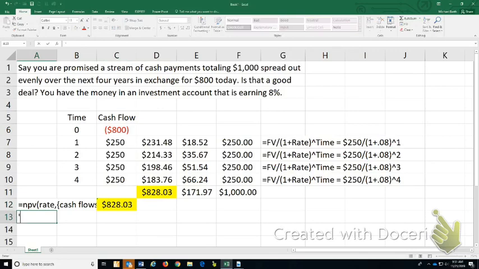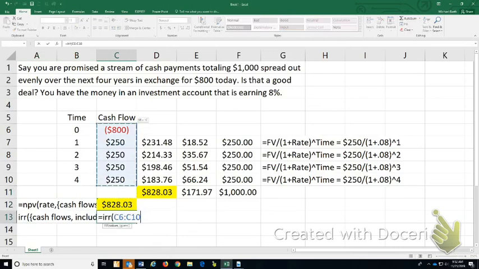And the other function we introduced is the IRR. The IRR function simply asks you what the cash flows are, but including time 0. Okay? So if we include time 0, IRR, this is earning actually more than 8%.